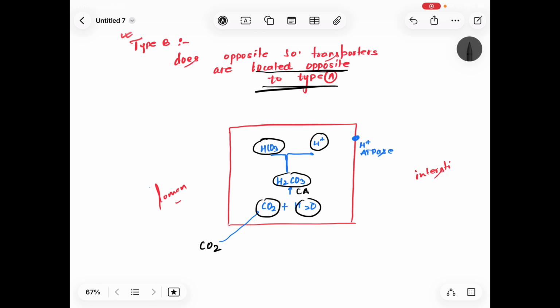We have H plus ATPase located on the basolateral surface here, not apical. So it helps in absorption of H plus, and HCO3 moves out of the cell and gets excreted here.